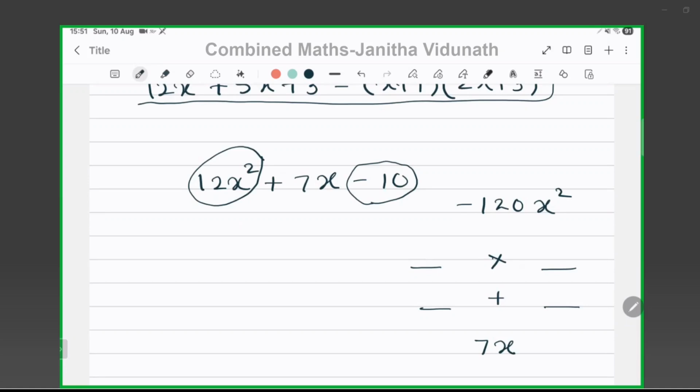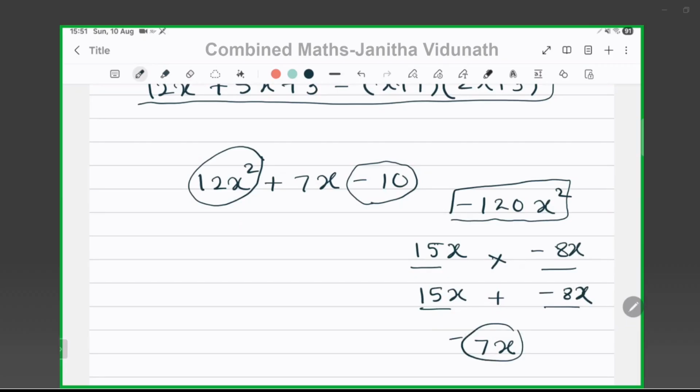Here we can easily find one term as 15x and the other term as minus 8x. When we multiply those two, we get minus 120 times x square, and when we add those two terms, we get 7x.